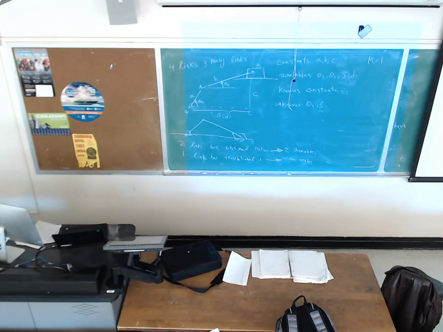Do the same thing for the other intersection. This is S1 for the first mode, S2 for the second. And the angle of theta 3 is measured by this.